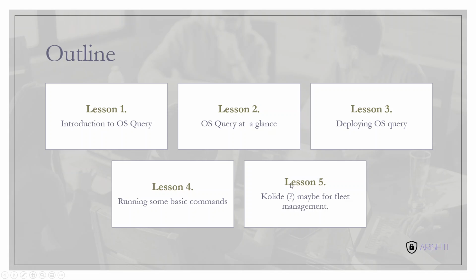This is very helpful because you can have one panel, and that panel will help you to run queries on multiple systems. This is exactly what we require in enterprise organizations. So if you get enough time and if people are interested, I will show you how it works. Okay, so let's start with the introduction to OSQuery.